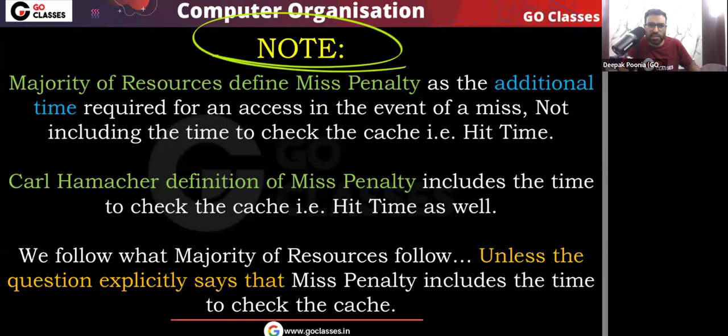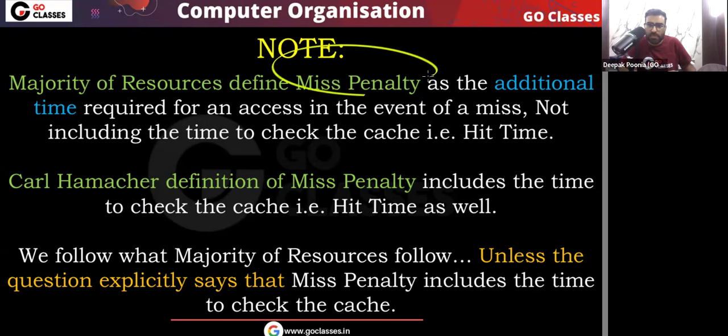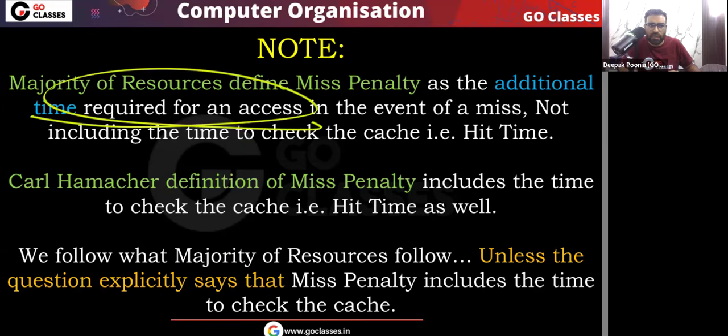So let me give you the final conclusion. You might be confused because you have seen two definitions of miss penalty. One definition according to Carl Hamacher, another definition according to Patterson and Hennessy. So you might be confused what to consider. So let me tell you, the majority of the resources define miss penalty as the additional time required for an access in the event of a miss.